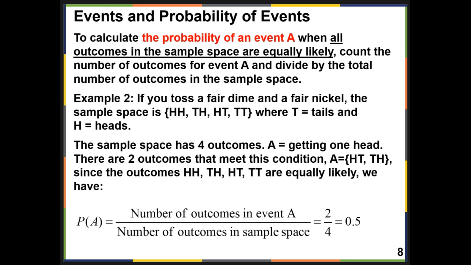So A is getting 1 head, and there are 2 outcomes that meet this condition. A equals heads-tails or tails-heads. Since there are 4 outcomes that are equally likely, we have 2 over 4, or 0.5, as our answer.